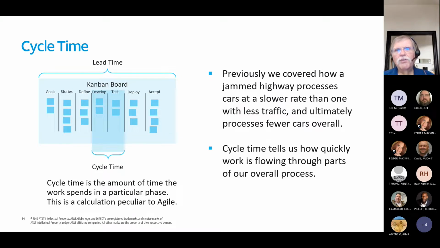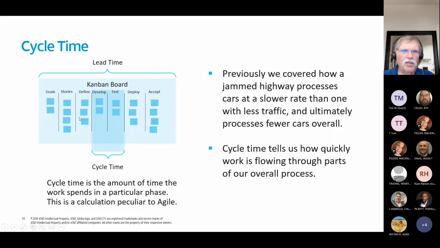So you can, on say a Kanban, determine the cycle time between any two lanes or columns on a Kanban board. Know that you can have cycle time that's defined for development and test. What's your development test cycle?